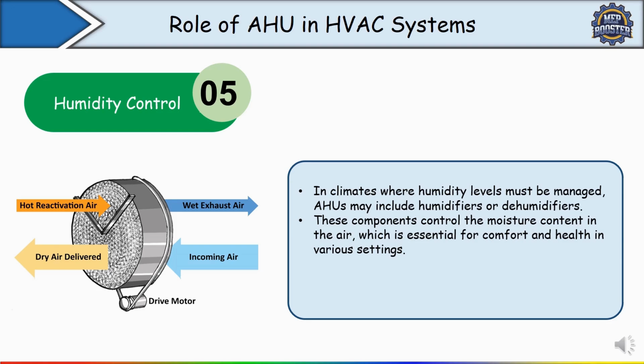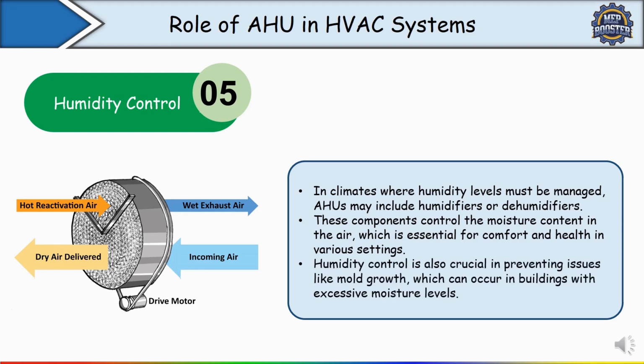So let's say if you are designing for any city where the humidity level is low, less than 50%, at that time we have to install the AHU with a humidifier. In a location where the humidity level is high, more than 50%, in that condition we have to install the dehumidifier to remove the moisture content from the air.